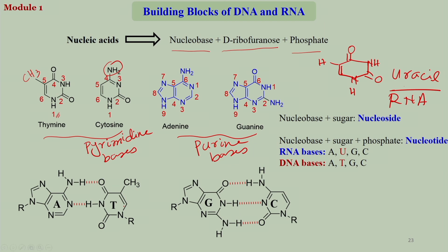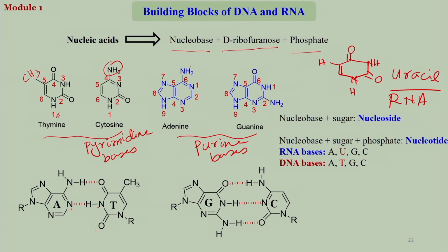So, here are the structures. If you stick to the anti conformations, you can see you have a donor here, an acceptor here, a donor here, an acceptor here. For adenine you have an acceptor here and then a donor here. The amine is the donor, and here the nitrogen is free, it has a lone pair of electrons, so it can accommodate the proton.